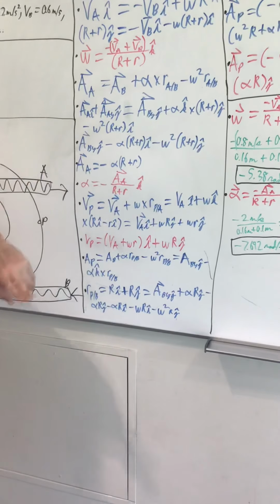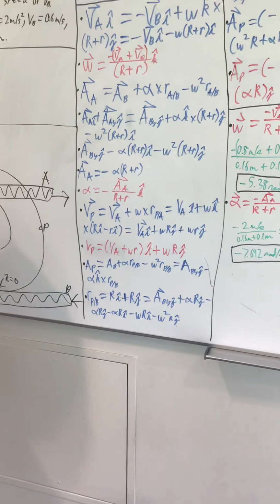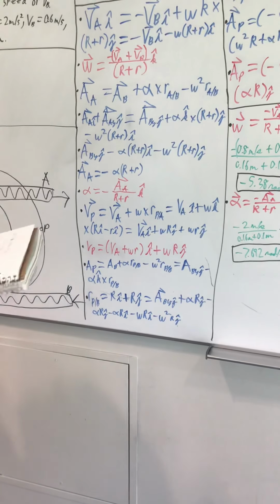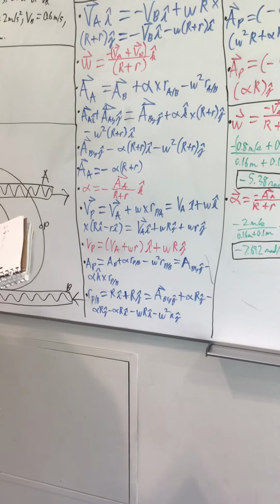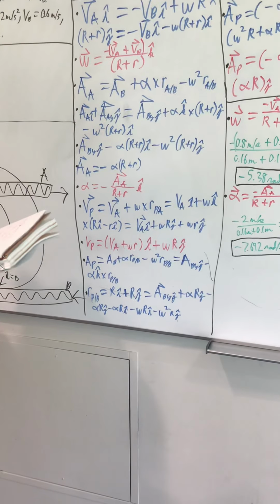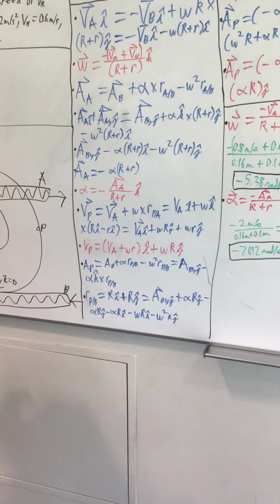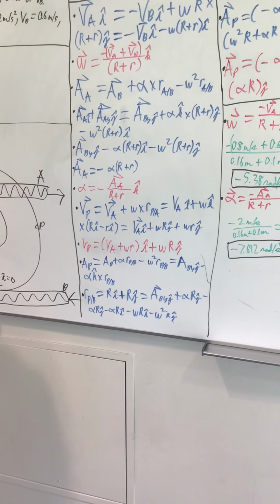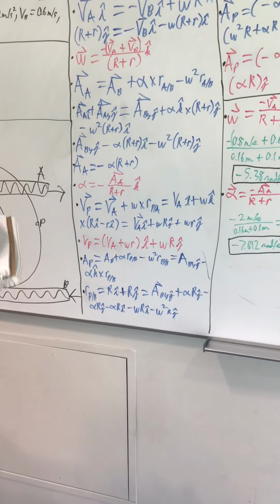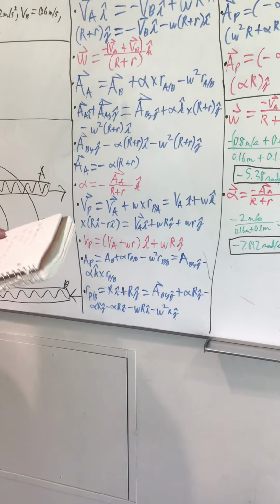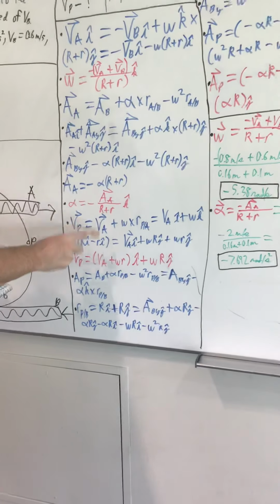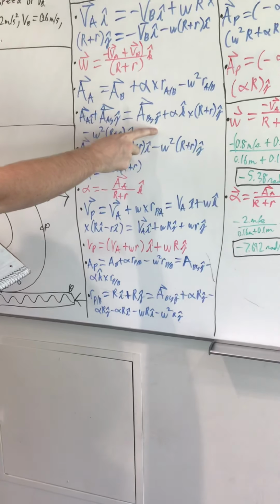Now moving on to the acceleration of P. The acceleration of P is equal to the acceleration of B plus alpha cross R of P of B minus omega squared R of P of B. In this case, R of P of B is the large radius plus the small radius. So now simply plug in. We know from the previous equation that the acceleration of B is simply A of B in the J hat component.